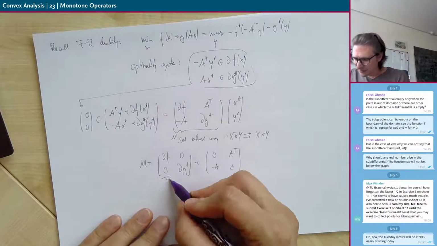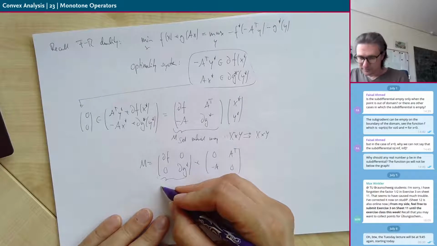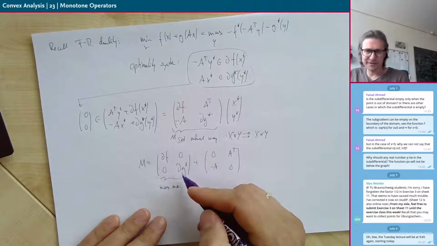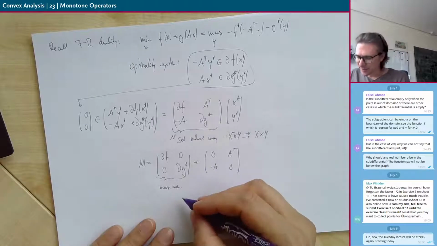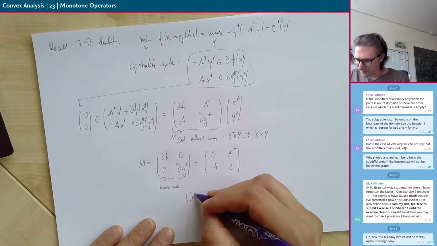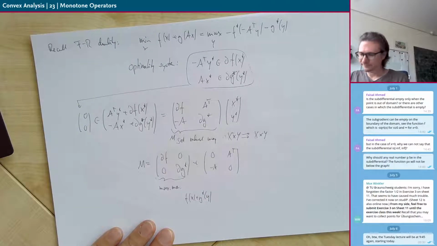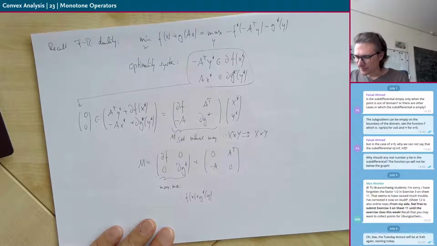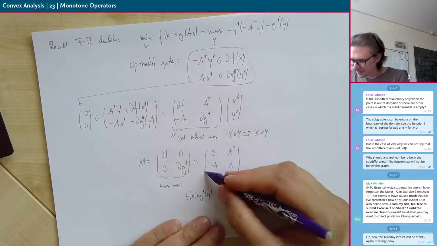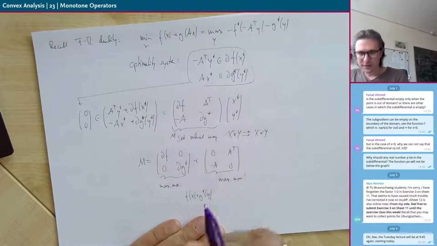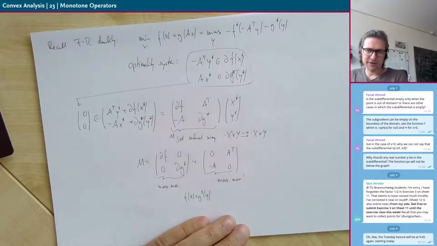And this here is monotone, even maximally so, because it's basically a subgradient: it's the subgradient of the function f of x plus g star of y. And this here is also maximally monotone if A is continuous and linear.